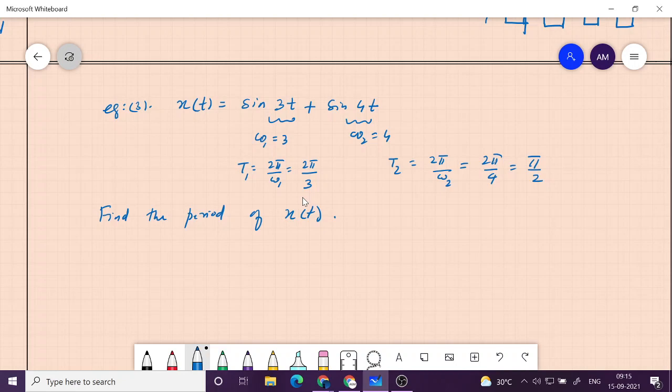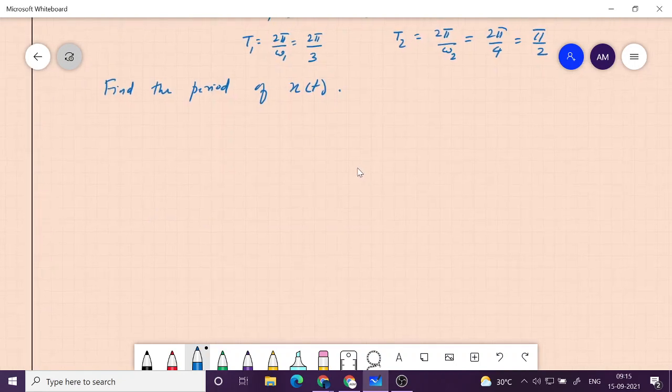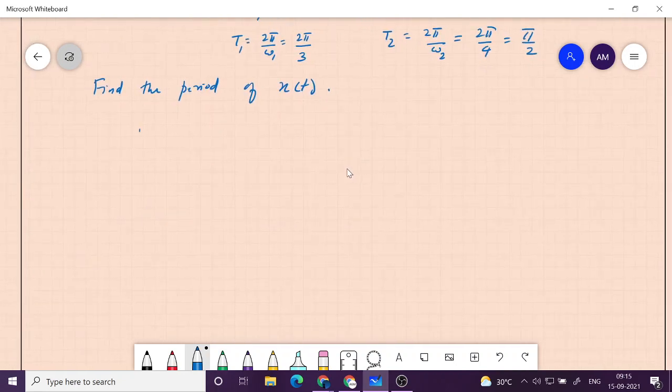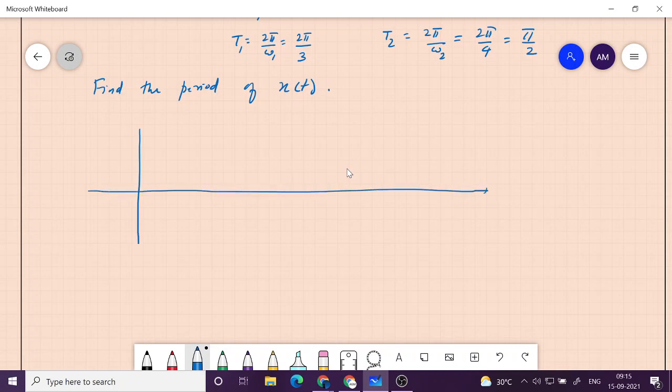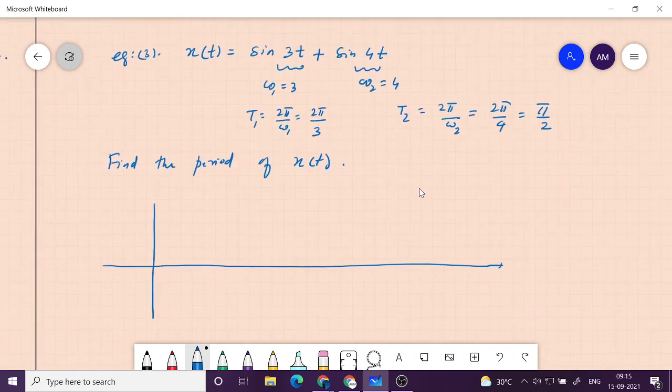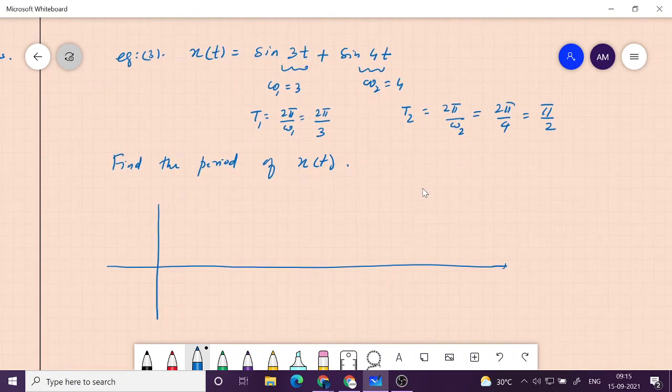If you look at it graphically, you will get it quickly. Sin 3t means if you take a variation of 2 pi, 4 pi, then 6 pi, etc. Sin 3t means if I plot, there will be basically 3 cycles in one 2 pi.